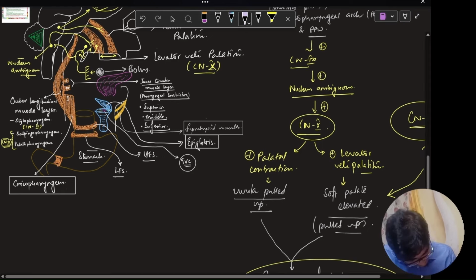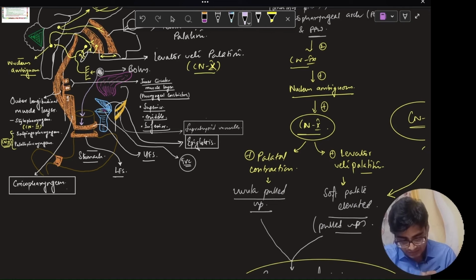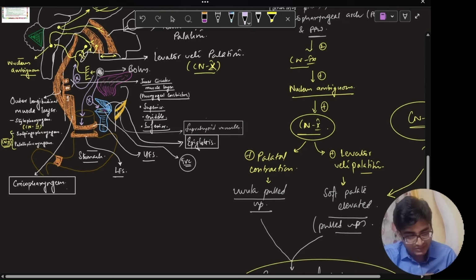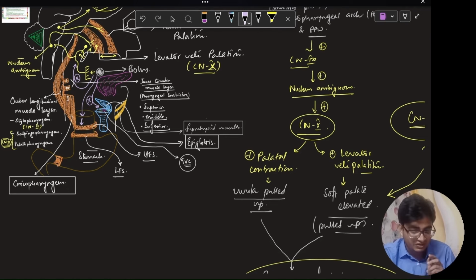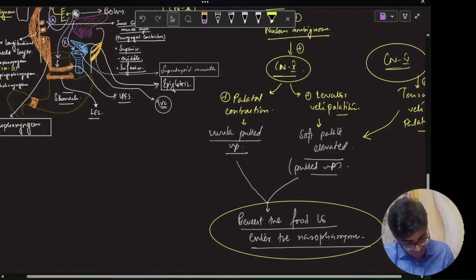So this has to go in here. But the entry into the nasopharynx has to be prevented, and the entry into the larynx also has to be prevented. Correct? So you need to know how the larynx entry is prevented. Let us start with the larynx part now.